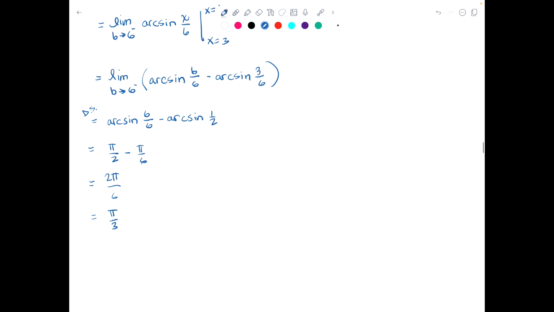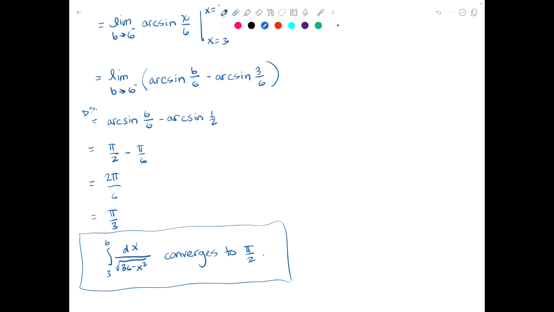And so the integral from 3 to 6 of dx over the square root of 36 minus x squared converges to pi over 3. Cool, cool?